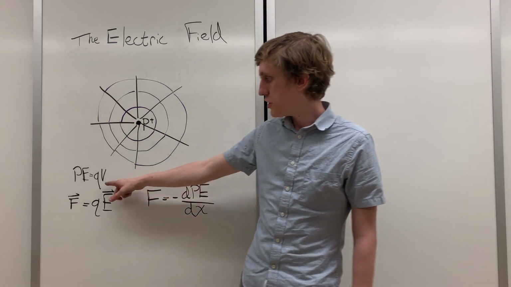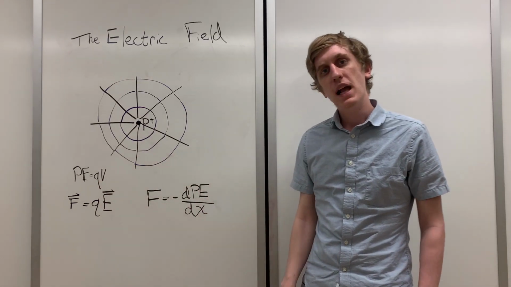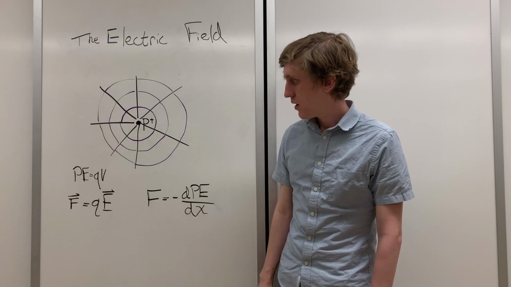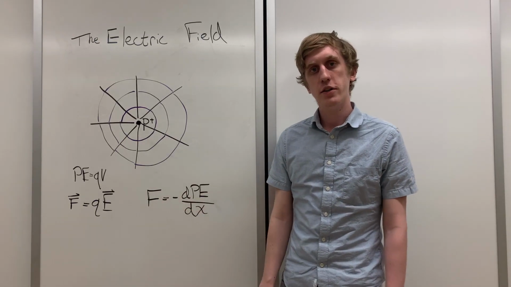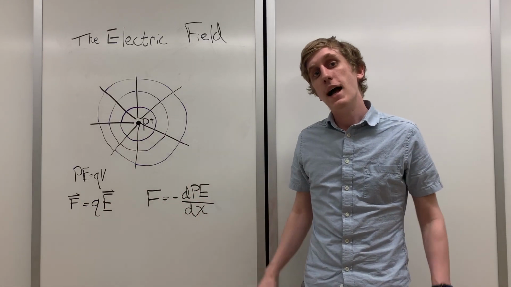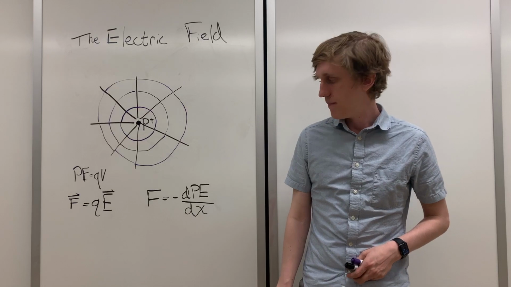The potential energy of a charge is equal to the value of that charge times the voltage at the location that it's at. The force on a charge is equal to the value of the charge multiplied by the value of the electric field at the point that it's at.